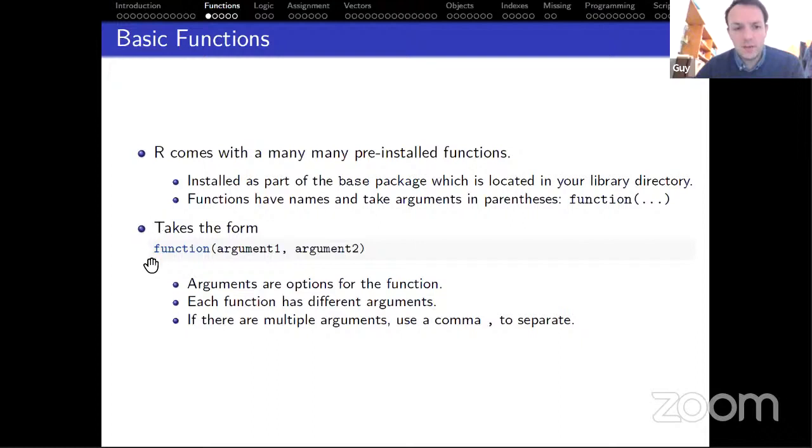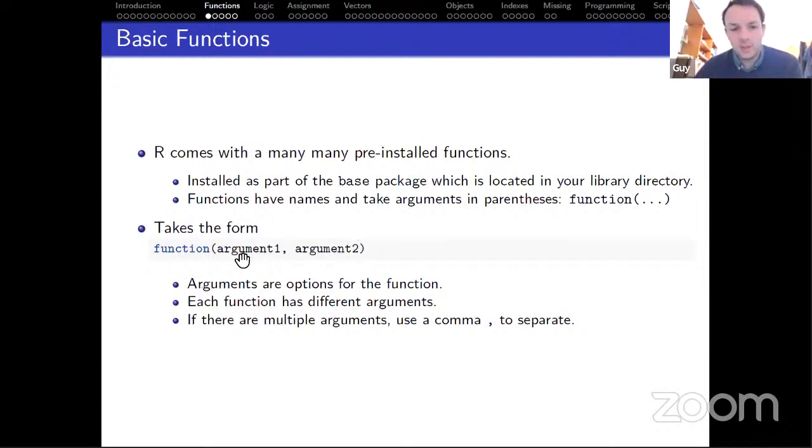By that I mean this is a very general form of an R function: we have the function name, and then these different arguments, like we've met before when we talked about the mean function, which had an argument called x and a second argument called na.rm.